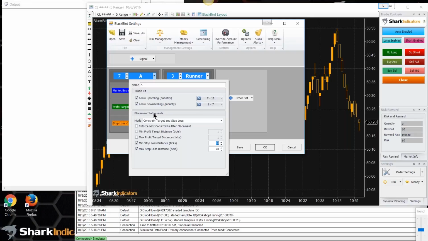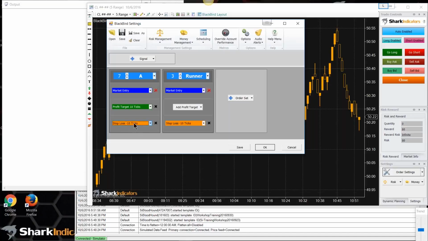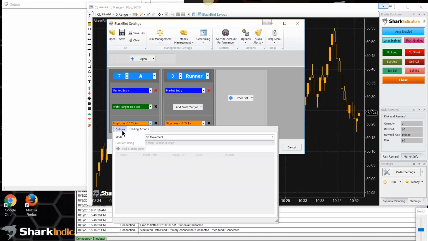These safeguards only take place for the initial placement of the order. So if we take a look at an order, we have an initial placement. In other words, we set our stop loss at a 10 tick stop loss. That's our initial placement.